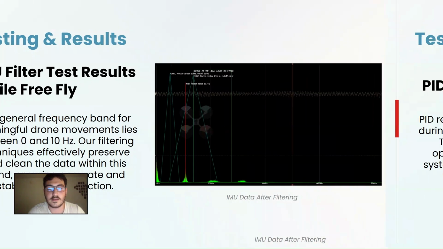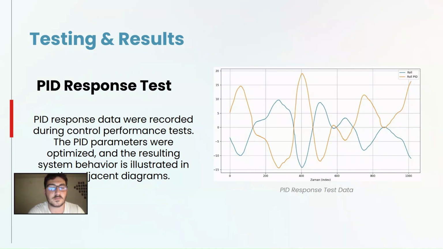And then on this slide, the PID response test: looking at the graph, we can see that the PID controller response is in the opposite direction of the drone's movement, a behavior we refer to as correction. Since there is negligible delay, we can say that the response is at the desired level.